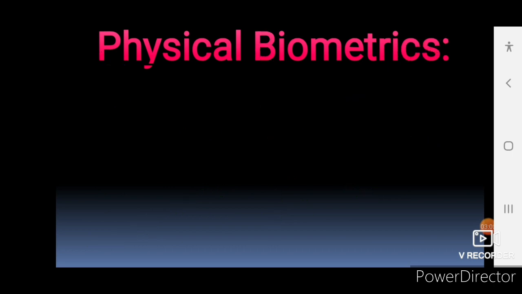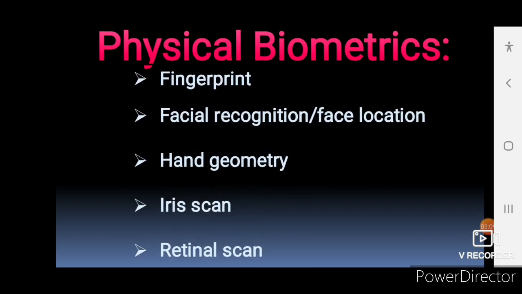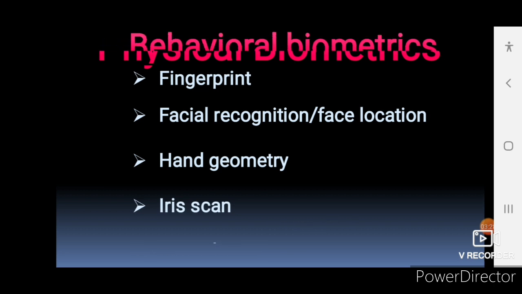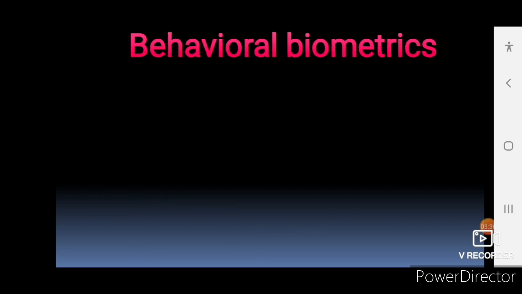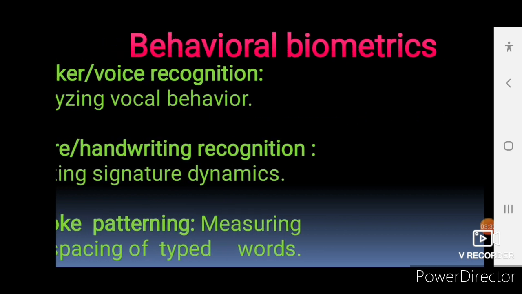Physical biometrics. A few examples of physical biometrics are fingerprint recognition, facial recognition, hand geometry recognition, iris recognition, and retinal scan recognition. Behavioral biometrics.